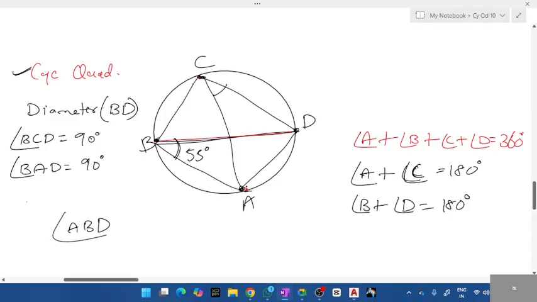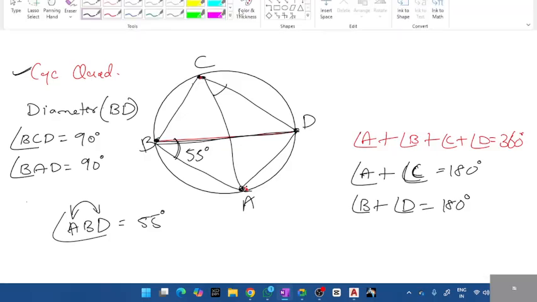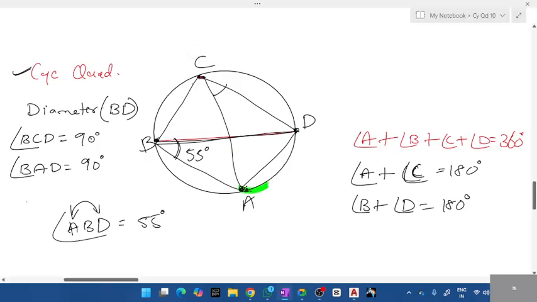Start from A, B, and D. 55 degrees. And which is the arc? Use the arc. Don't look at it as a triangle first. First apply the arc. AD is the arc. On the same arc, what's the other angle formed? ACD. So I'm talking about this. First go with the arc, then you can apply the triangle concept. ABD is equal to ACD, 55 degrees.